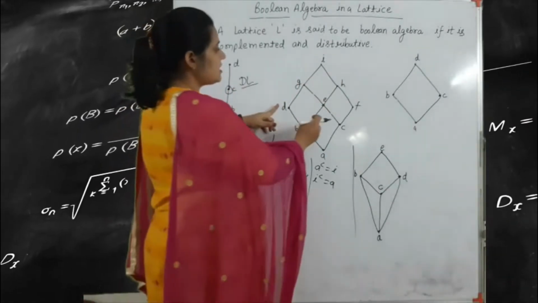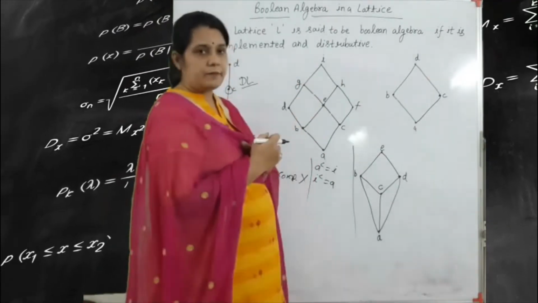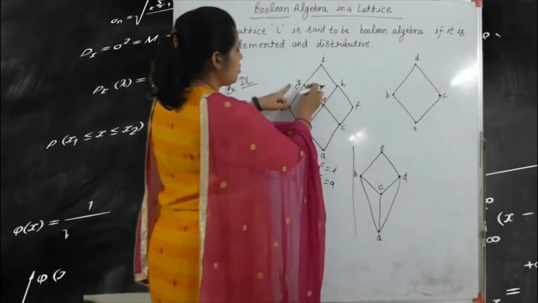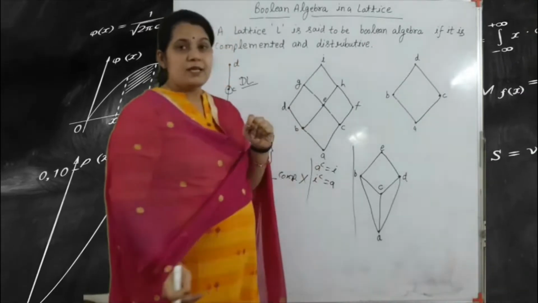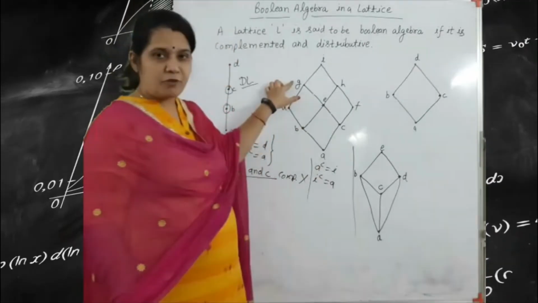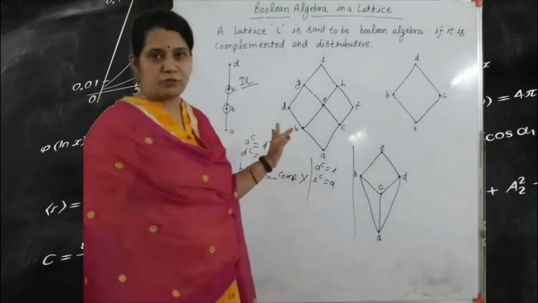Next one is if we consider D and E. So the first join is G and the first meet is B. So again this is not the top of the system and this is not the bottom of the system.